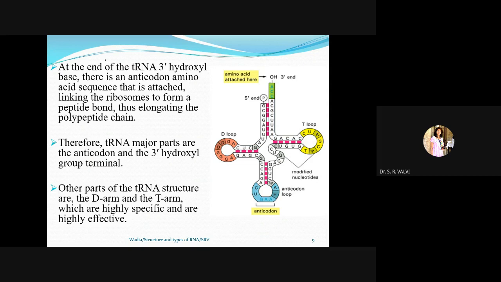See the next. Here, at the end of tRNA, please listen very carefully. At the end of tRNA, this is the 3 prime. A hydroxyl group is present, which is nothing but this OH, right?